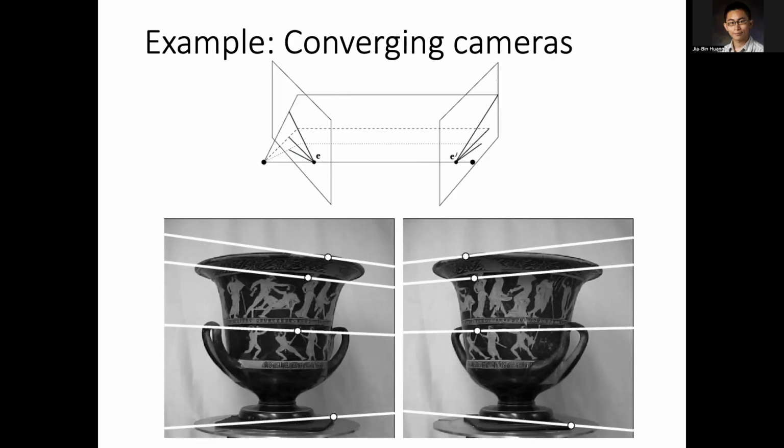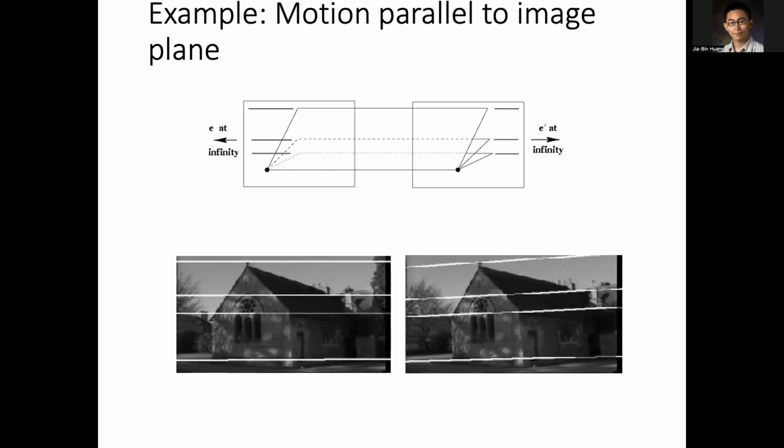So this is images captured from two cameras with convergent views. But what if you have images that are horizontal? I don't do this convergent view. I take a picture here, translate only, and capture this. In this case, the baseline and the image plane don't intersect.